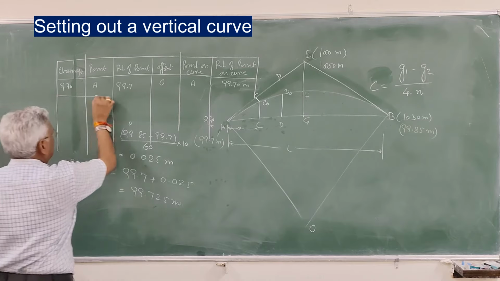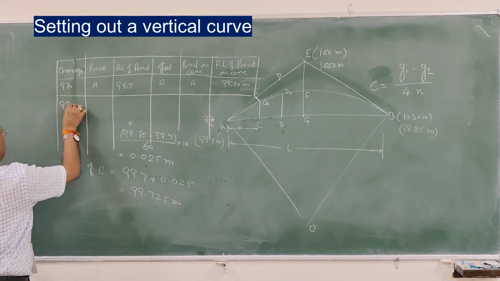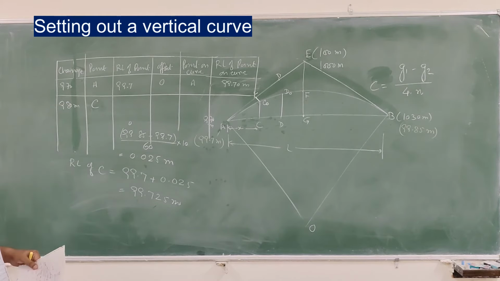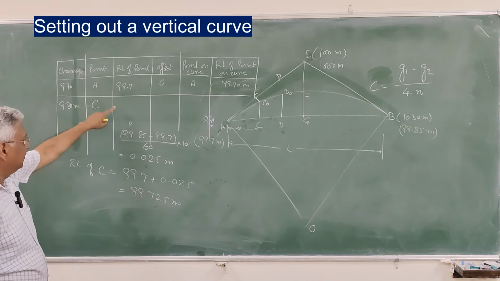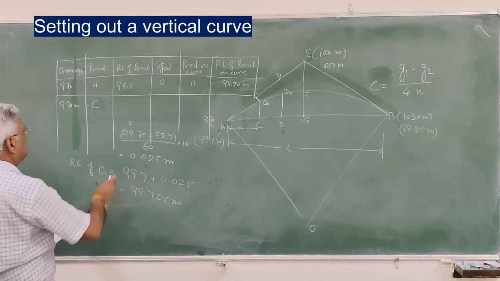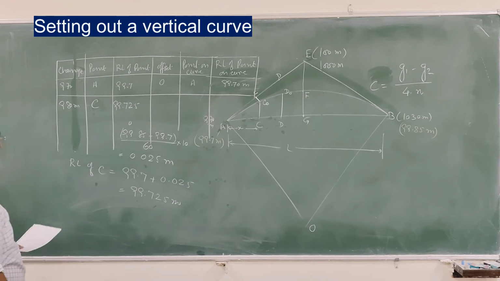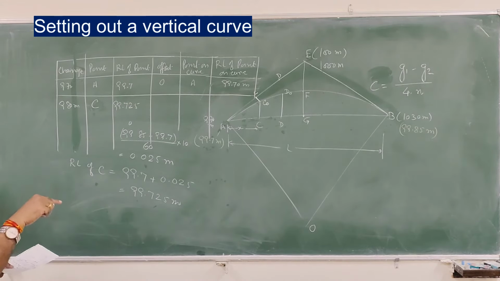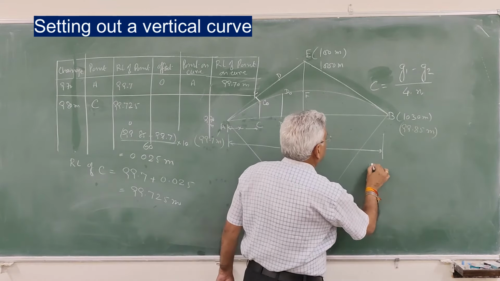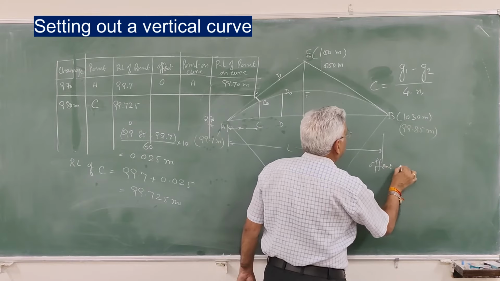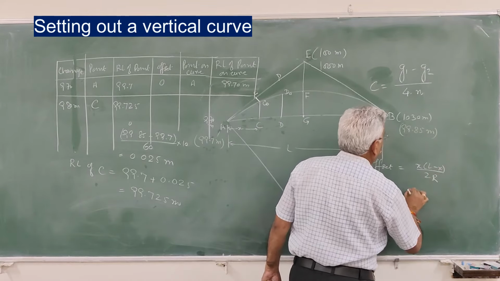Now take the second. Second is at 980 meter. So next point is C. RL of this point C is 99.725 meter. Offset. Now offset you can find out using this equation. Offset is x into L minus x upon 2R.